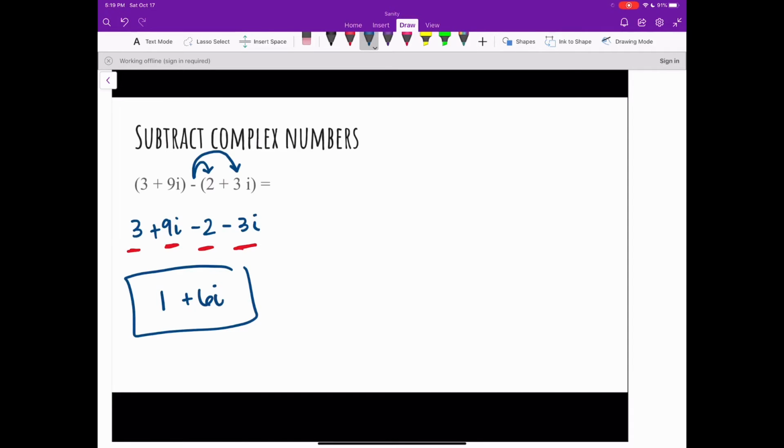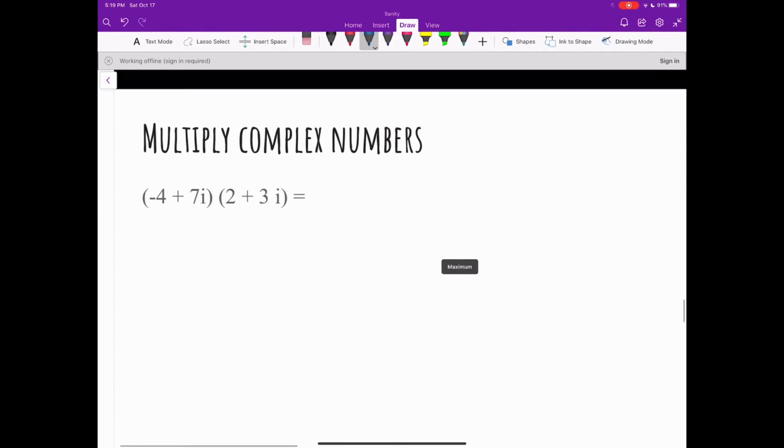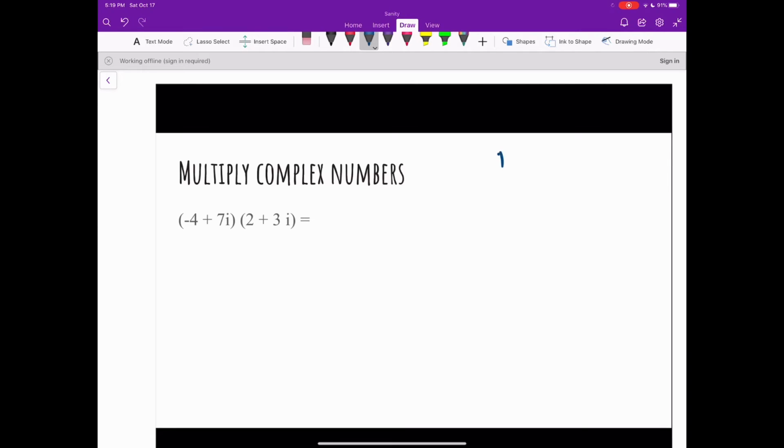Okay, multiplying is going to look very similar. Have you guys heard of FOIL before? First, outside, inside, last. And we were doing that a lot when you were simplifying quadratics and stuff. It's going to be the same type of thing.